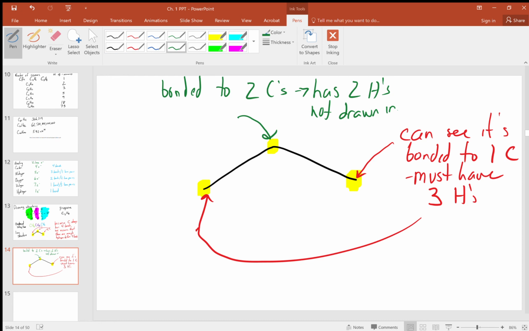So why do we do this? Why do we leave all these atoms out? Well, the reason we do this is it keeps our drawings simple. If you go back to the molecule we started with, Taxol, do you recall how big Taxol was?